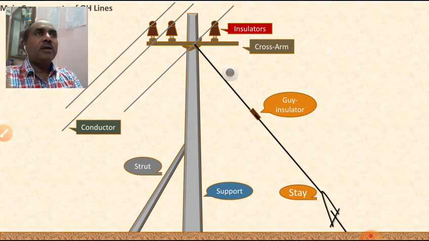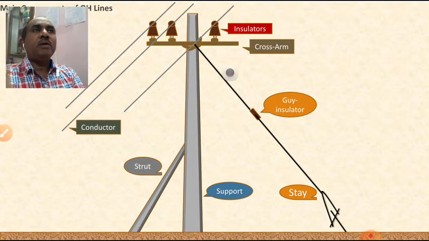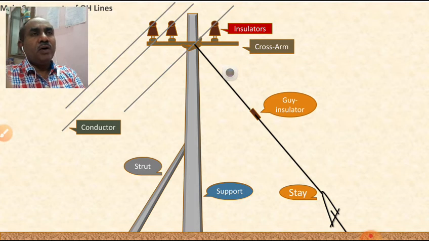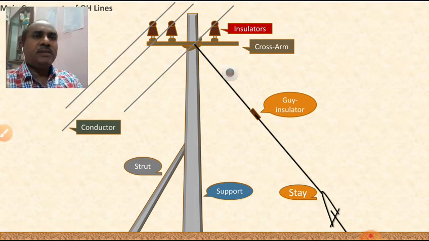So let us remember what the steps involved are to estimate any given power line, whether it is an 11 kV line or an LT line. Let us see.